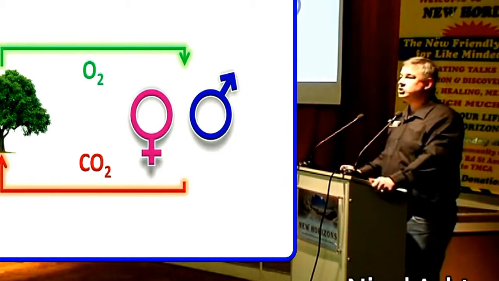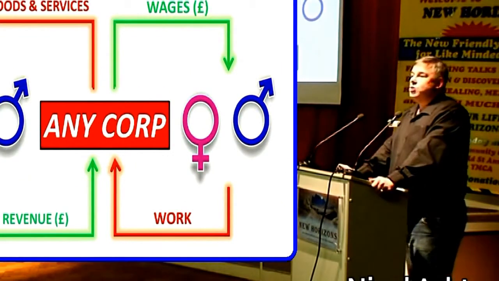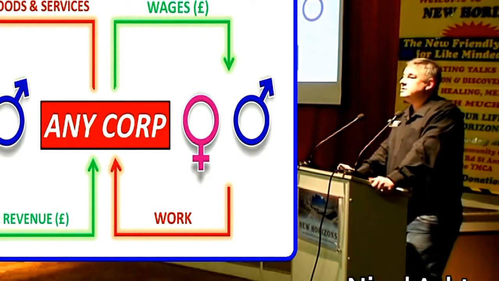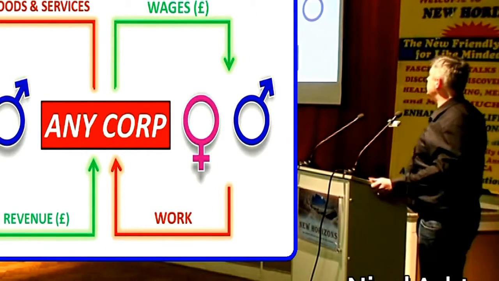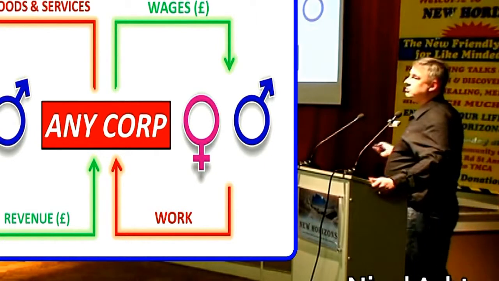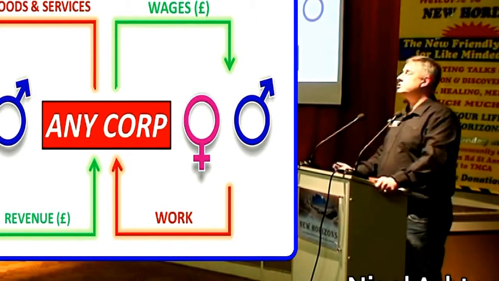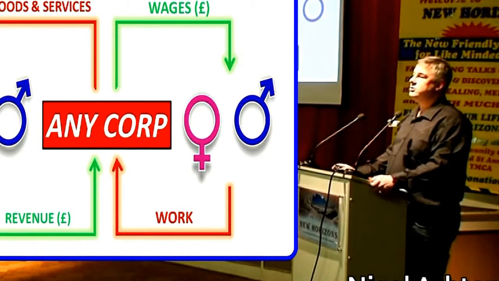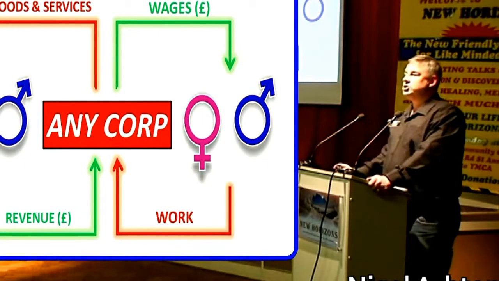So what's our relationship with these corporations? It's a bit more complicated, but nevertheless it's not too complicated. Here, on your right, these are workers. And over here, on the left-hand side, these are consumers.